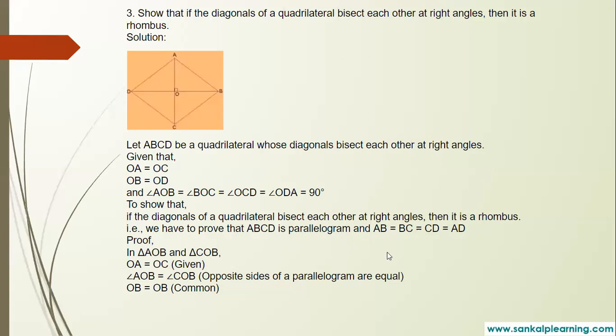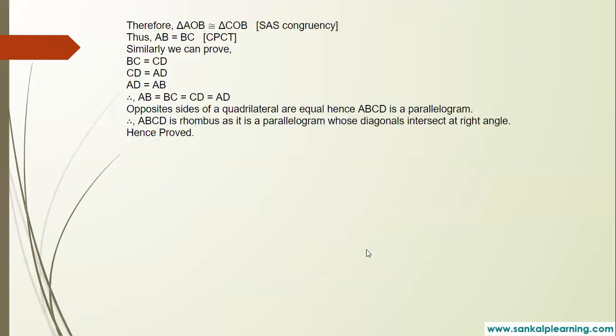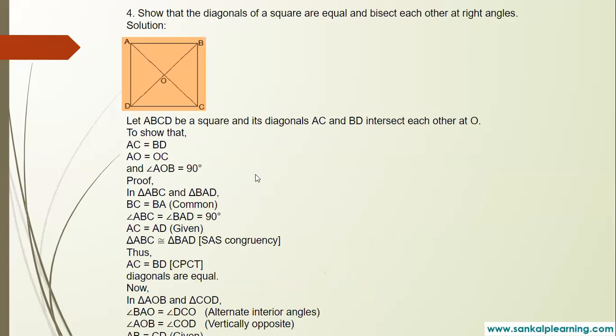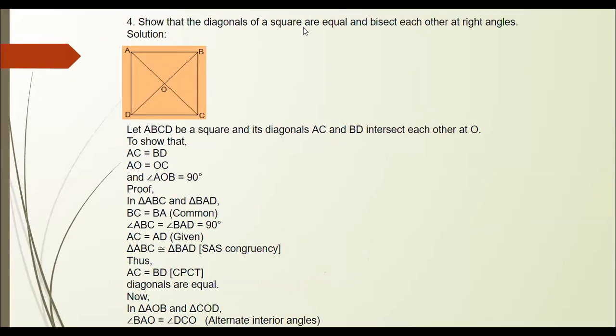Fourth one. Show that the diagonals of a square are equal and bisect each other at right angles. You have to show the diagonals of a square are equal and bisect each other at right angles, we have to prove. 8.1 fourth sum.